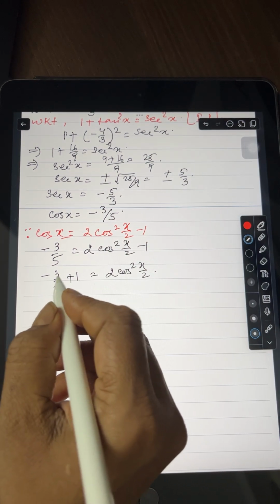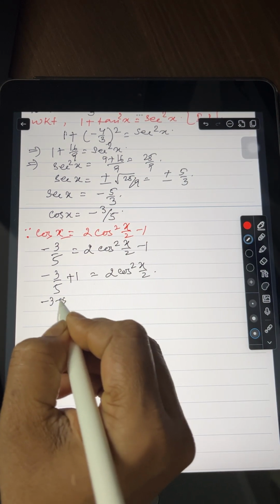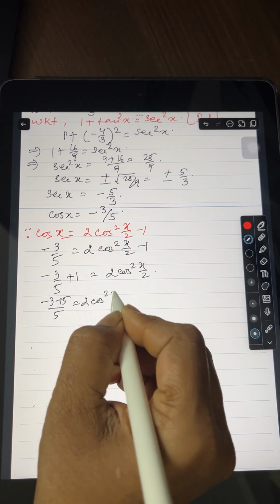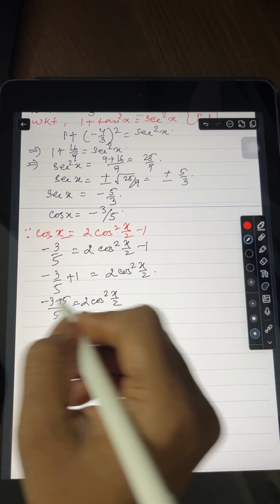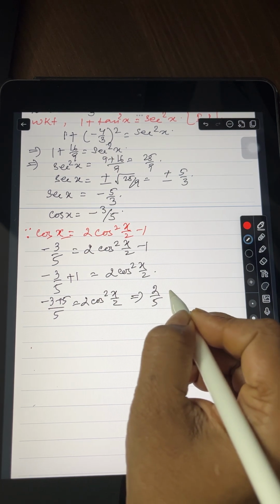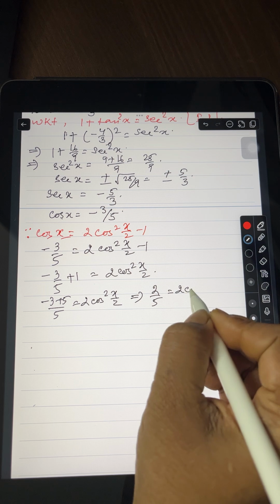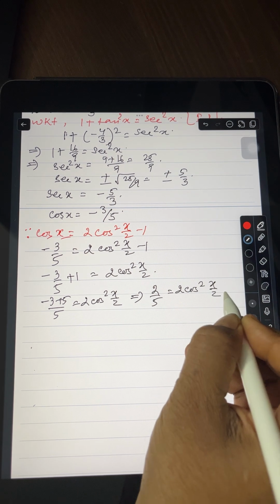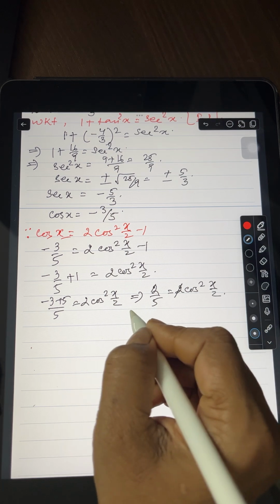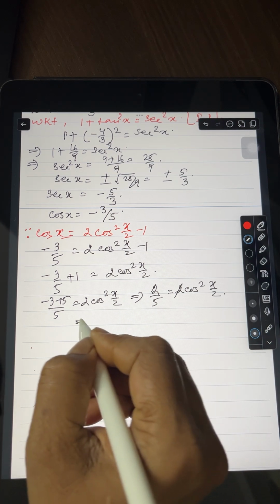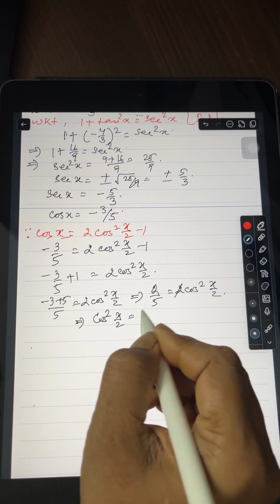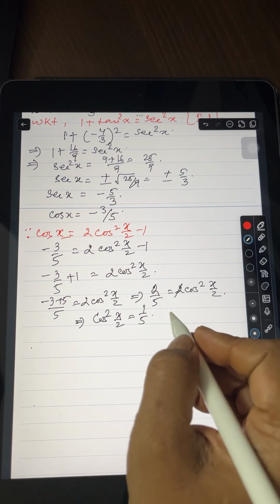Now minus 3 plus 5 by 5 is equal to 2 cos square x by 2. Now this will become 2 by 5 is equal to 2 cos square x by 2. Now cancel both of these 2s. What will you get? Cos square x by 2 is equal to 1 by 5.